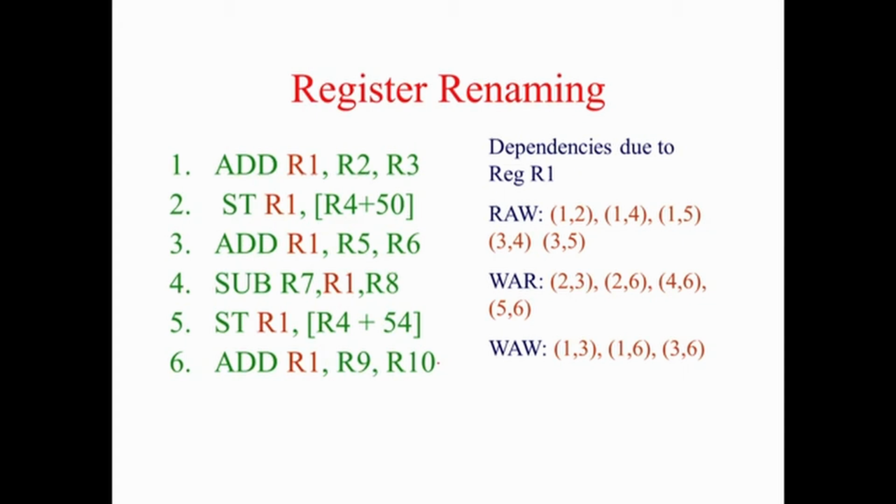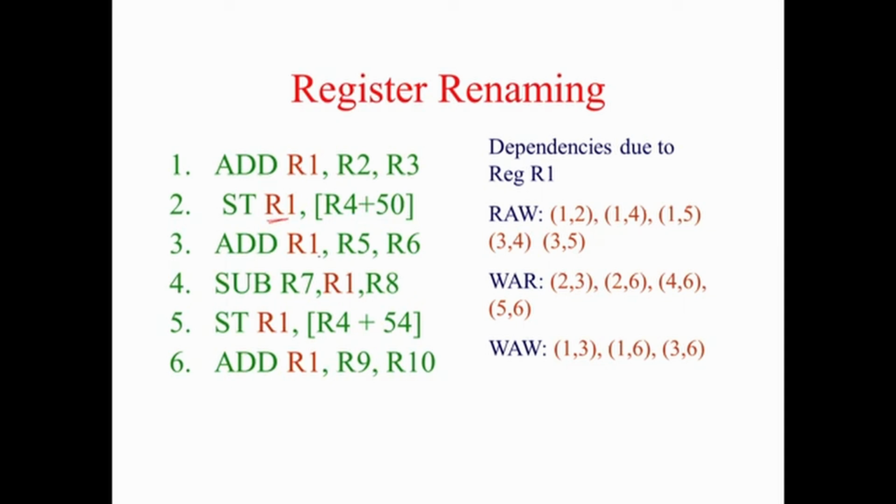There is a read after write between 1 and 2, because 1 is writing into R1, and store is reading from R1 and storing it in R4 plus 50, correct.